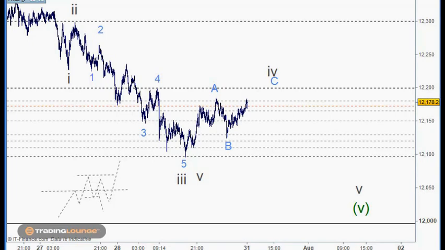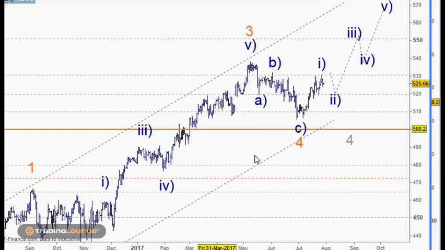Now, the other markets, if we look at the AEX, which is doing something completely different, it's been trending up here on the daily chart. The wave structure seems pretty clear at the moment, of this actually being an impulse wave over here.